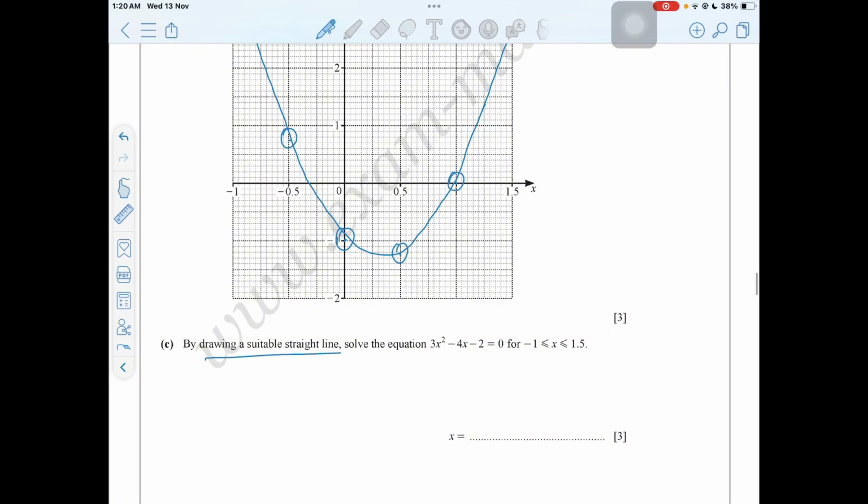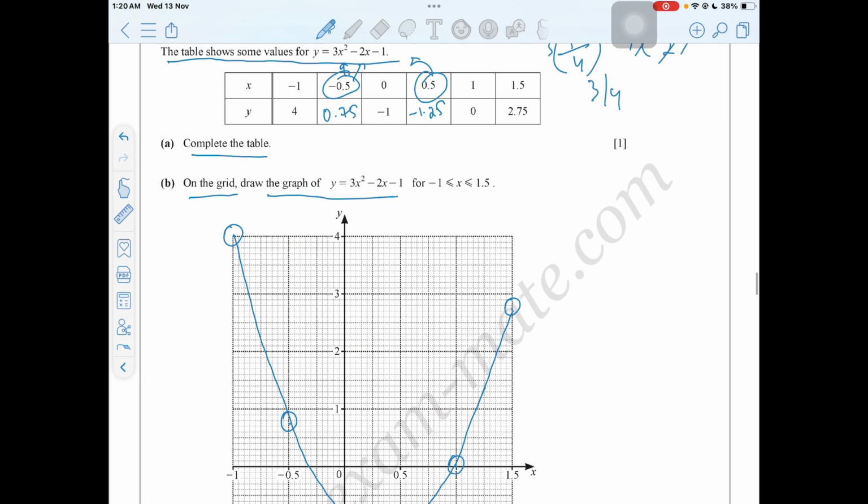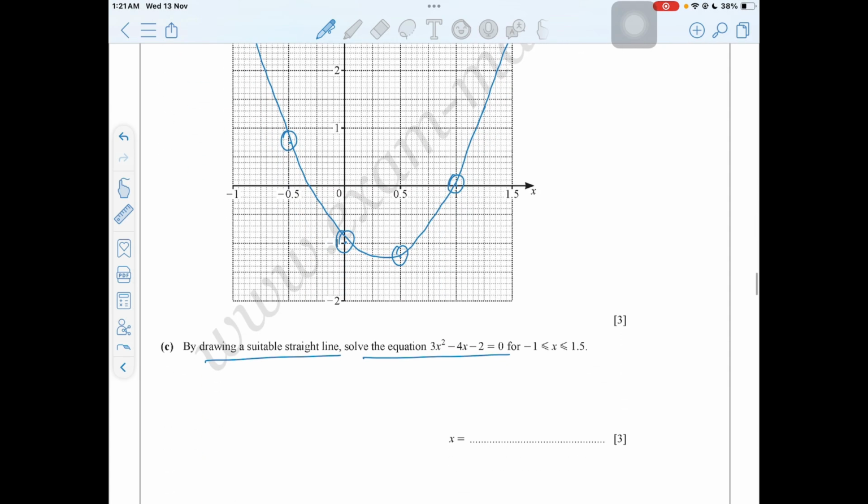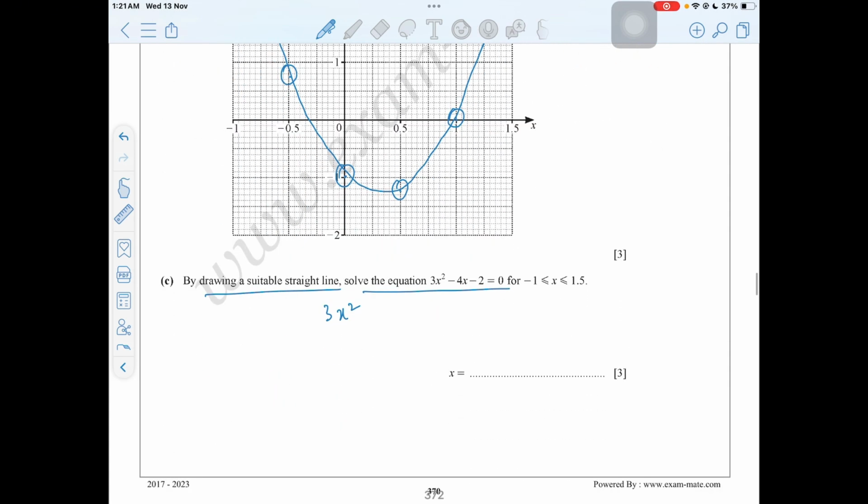By drawing a suitable straight line, solve the equation this, right? So here we have this equation, which is equal to 3x squared minus 2x minus 1, and here we have to simply add negative 2x and negative 1, right? So this will be going on the right hand side. This would be 2x plus 1.